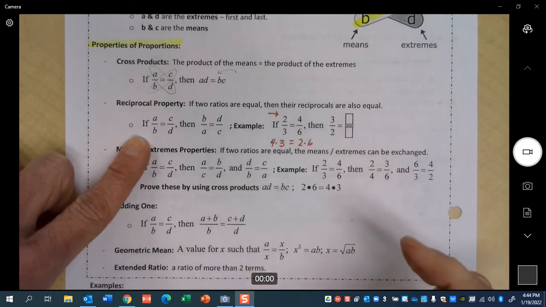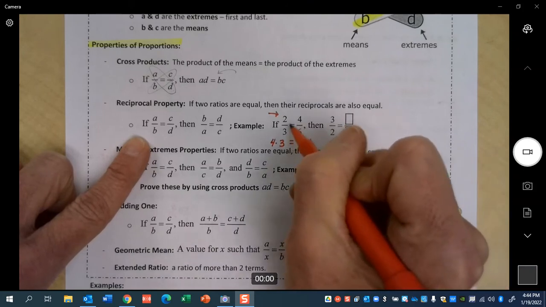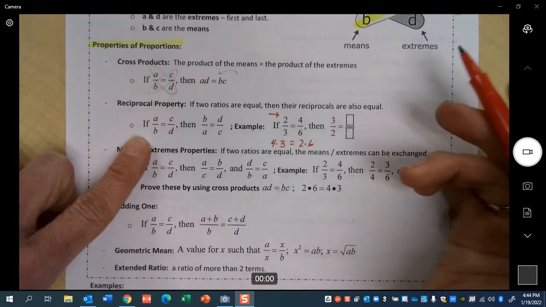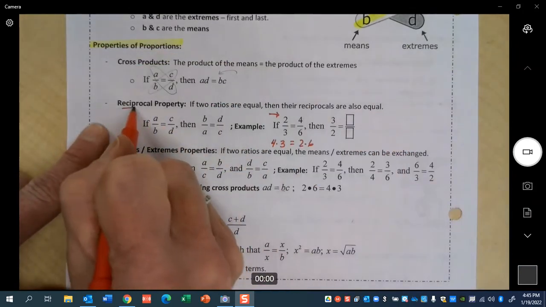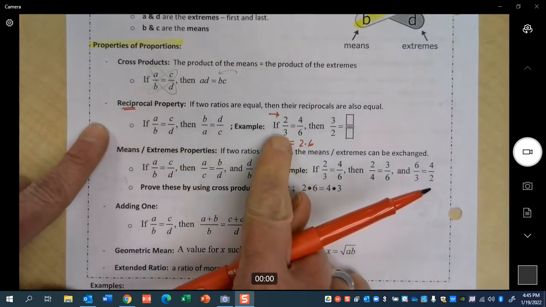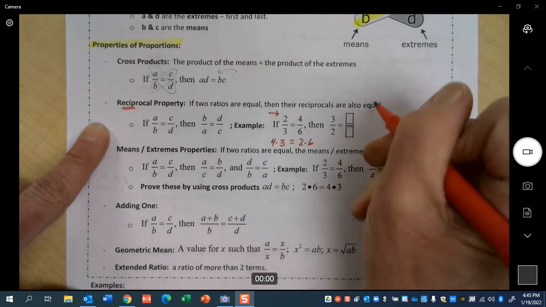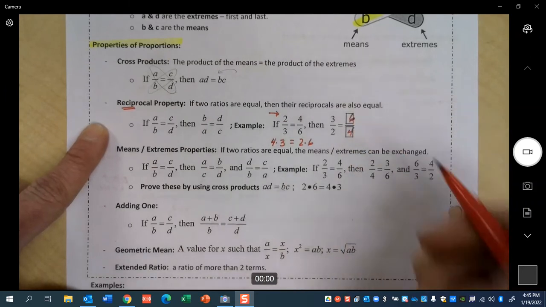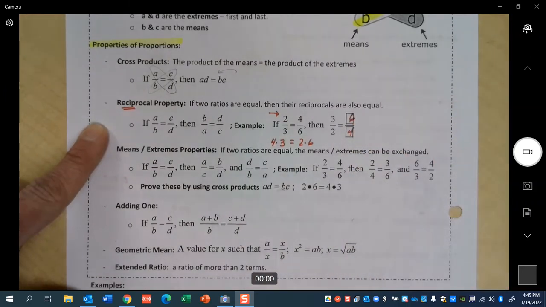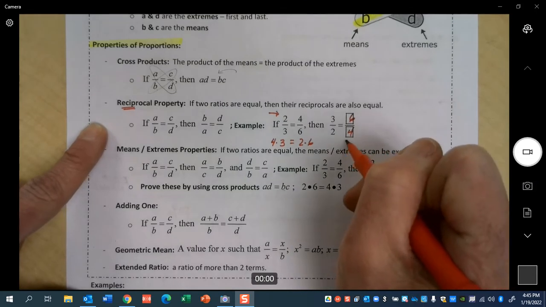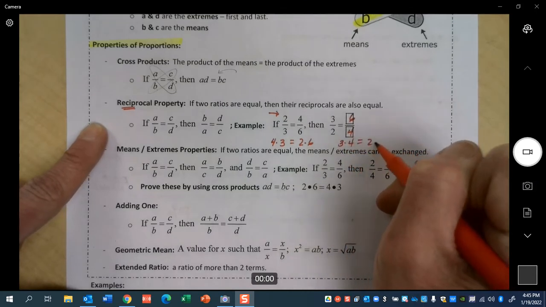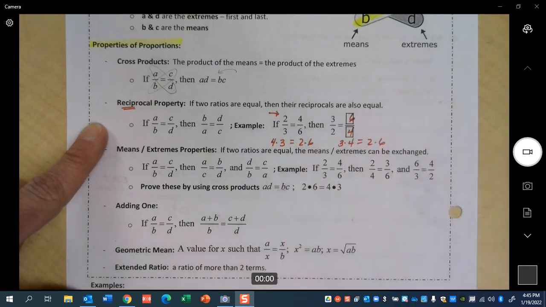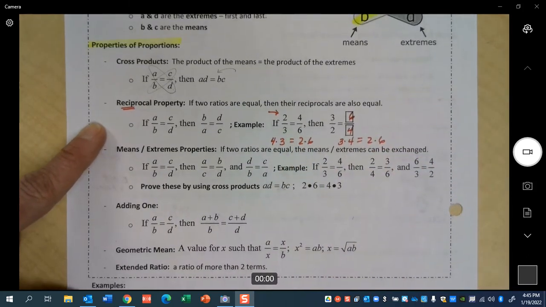Those cross products are the same, our means and our extremes. Notice I can flip and use the reciprocal of my one fraction. Well, that just means that my other fraction is then going to flip. Notice I still have 3 times 4, and I still have 2 times 6. I still have cross products that are equal.